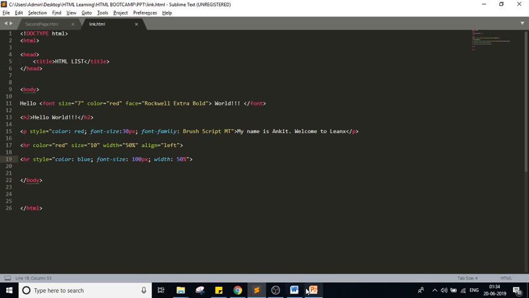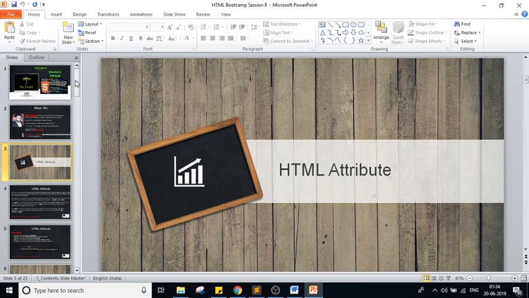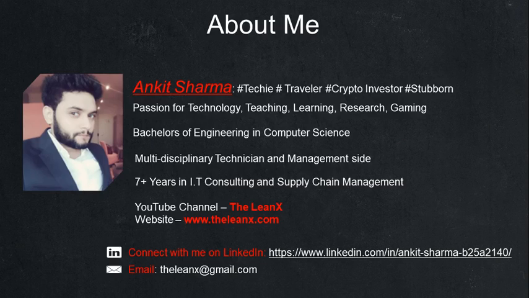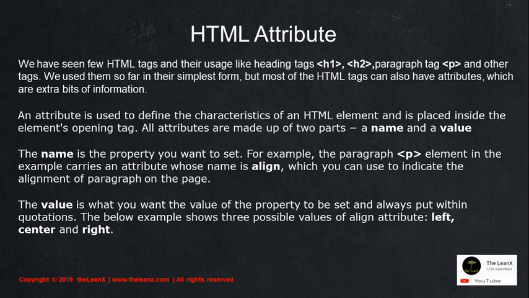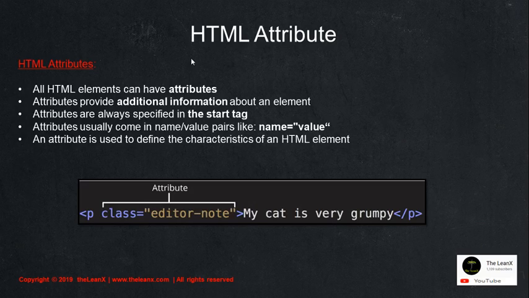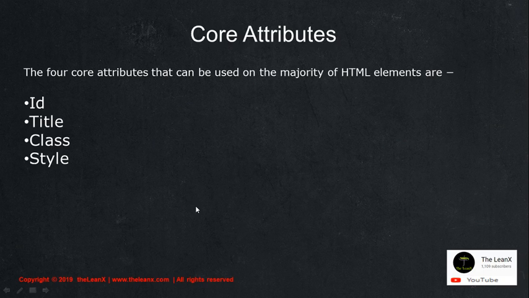So now what we'll do, we'll revise what we have discussed so far. So HTML attribute, like we have seen, is used to define the characteristics of an HTML element, built of two parts, name and value. If I go into detail, you can see here, this is a particular attribute, then you have a name and then you have a value. Then there are core attributes like ID, title, class, style.